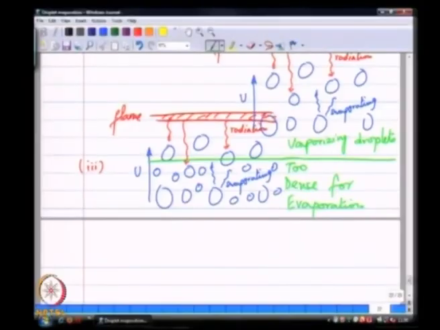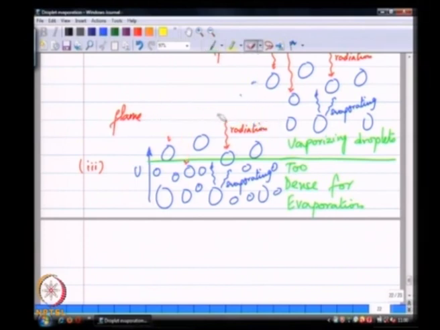So, this too dense for evaporation regime is followed by vaporizing droplets, followed by a flame zone that is completely separate, and the flame zone is only supplied vapor.